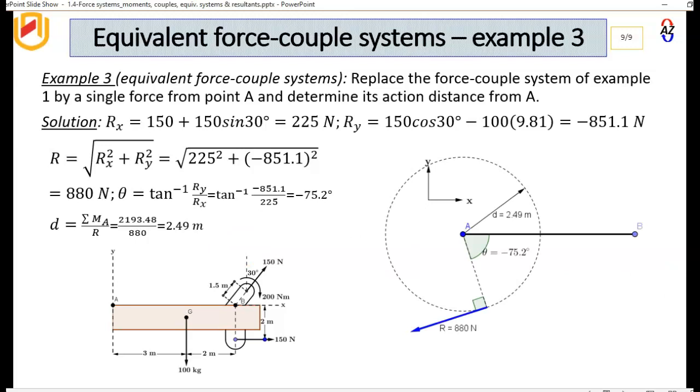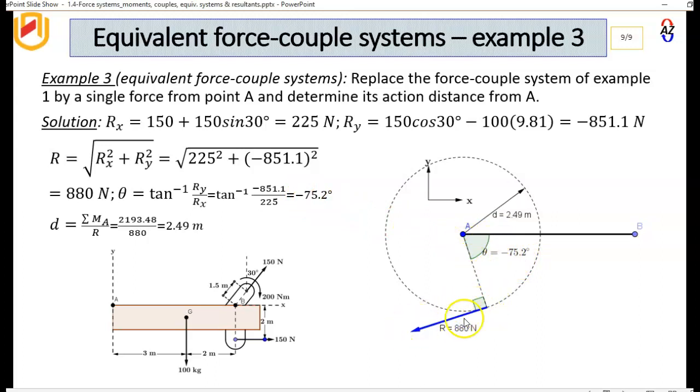In our diagrammatic representation, this can be anywhere on this circle where the distance d is 2.49. But we realize there's a specific point where it should be, at an angle of minus 75.2 degrees from the x-axis, and we place it right here.